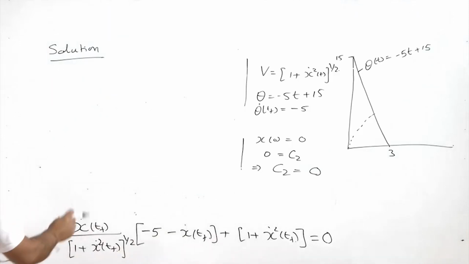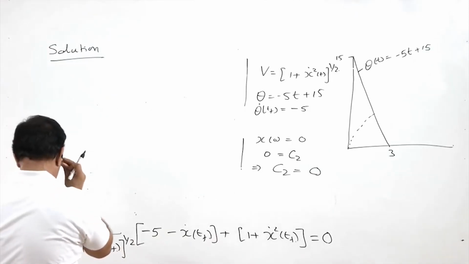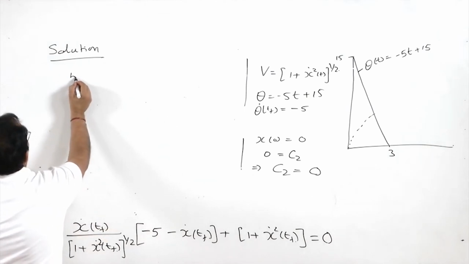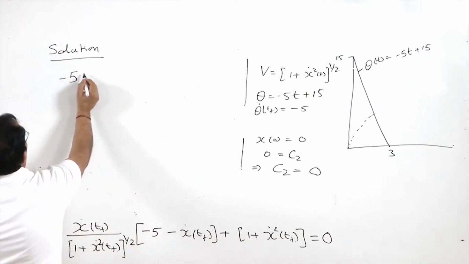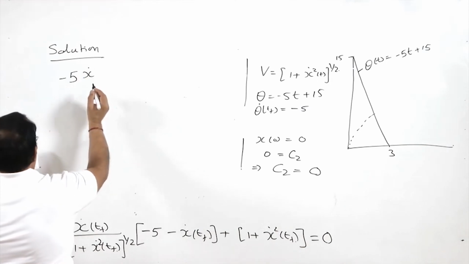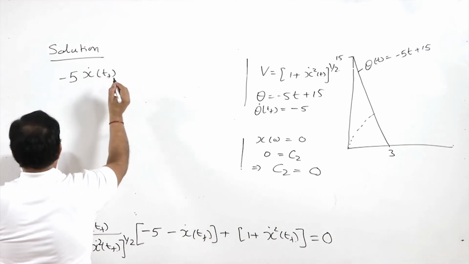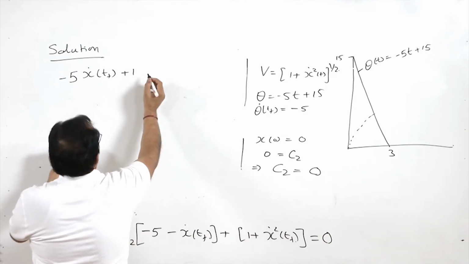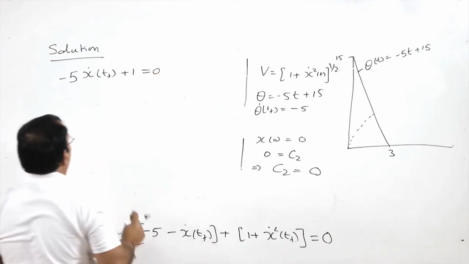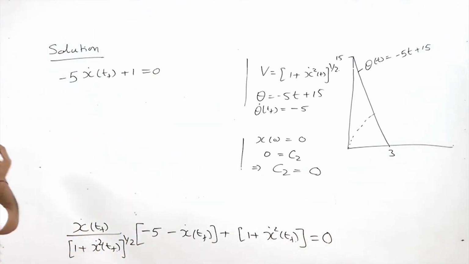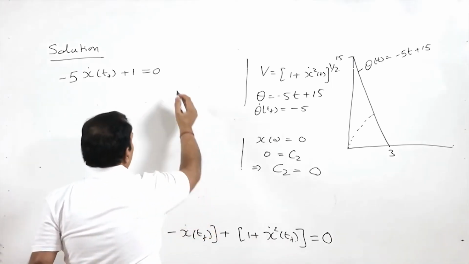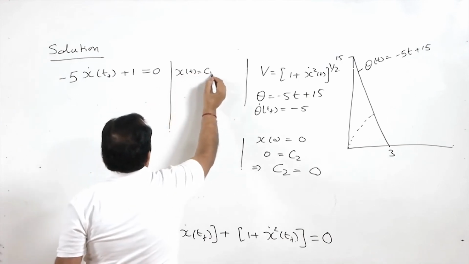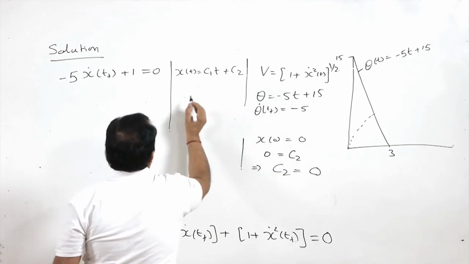If I solve this, I get minus 5 x dot of tf plus 1, that must be equal to 0. What was my xt? Xt is C1 t plus C2.